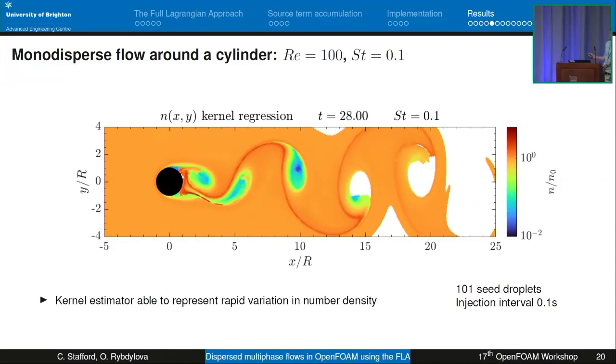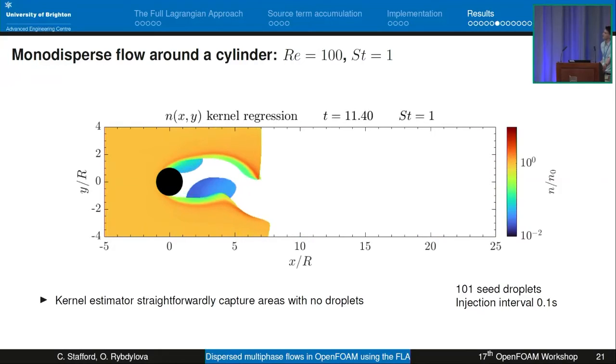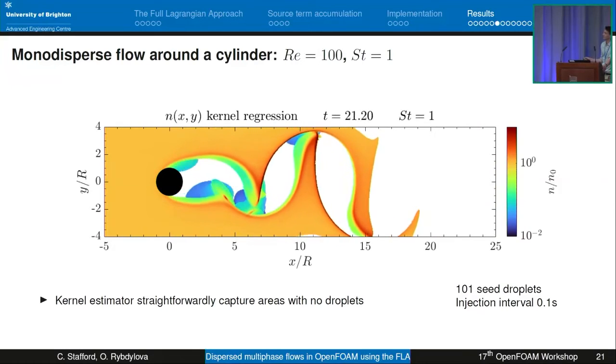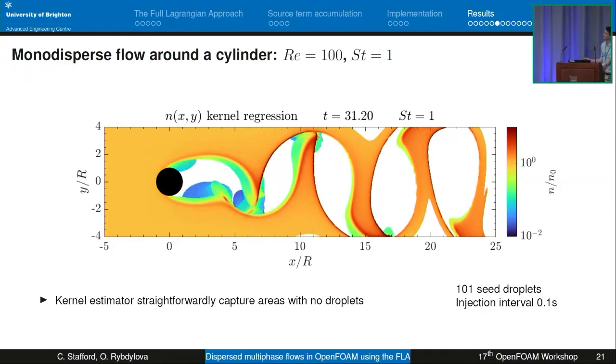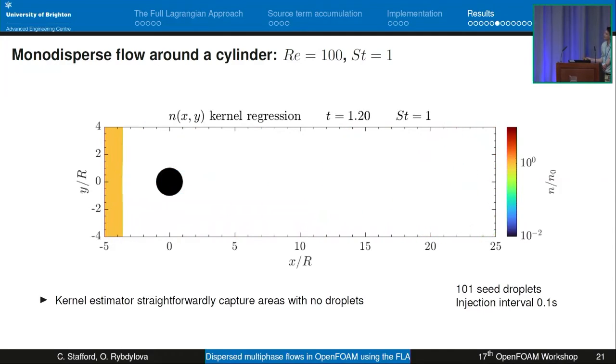So this is the low Stokes number again. For an intermediate Stokes number of 1, we see that the more inertial droplets leave much larger areas around the vortices. So we've got this area of high number density at the trailing edge of the vortices, and then behind them we've got some areas of very low number density.